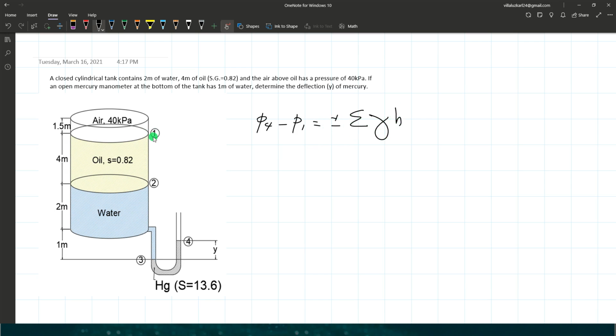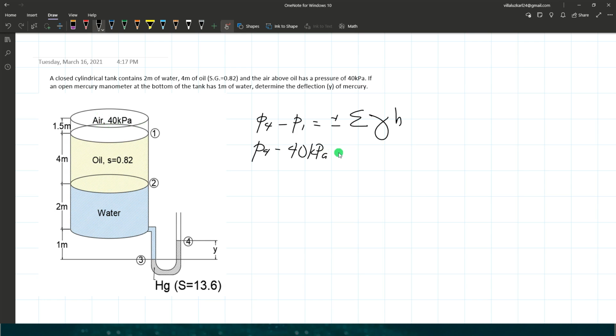At P1, it was supposed to be a free surface of oil. But since we have the pressure of air above point 1, the pressure at point 1 is also the pressure of the air. So P1 equals 40 kilopascal. So P4 minus 40 kilopascal. That's the pressure at point 1 because the only contributing pressure above point 1 is the pressure due to air.